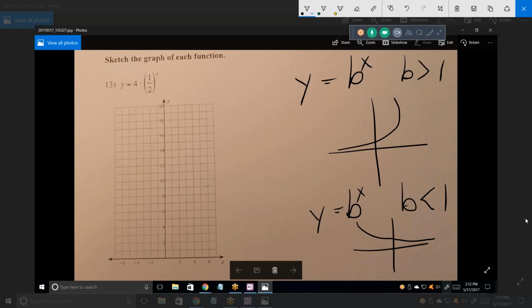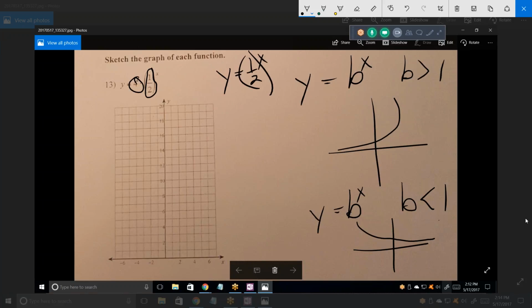Well, this is a number between 0 and 1, correct? Mm-hmm. So the graph is going to be something that looks like that. Yeah. All right. Now, it also has this multiplier of 4. What does that do? Hold on 1 second. Before I ask that, let's go ahead and plot y equals 1/2 to the x before we deal with that multiplier.